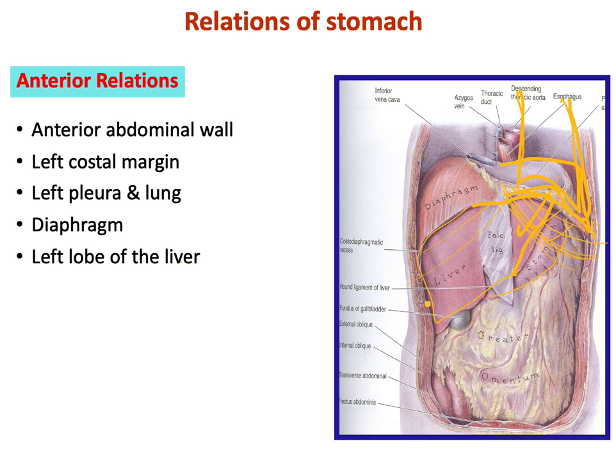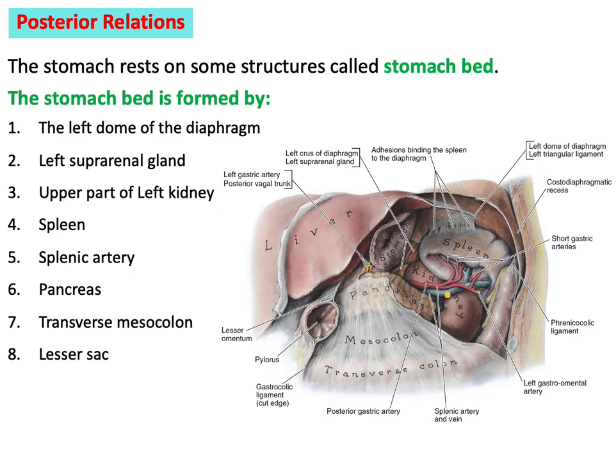These are structures anterior to the stomach. But let us remove the stomach. Let us cut it. This is the part of the stomach just connected to the abdominal esophagus.